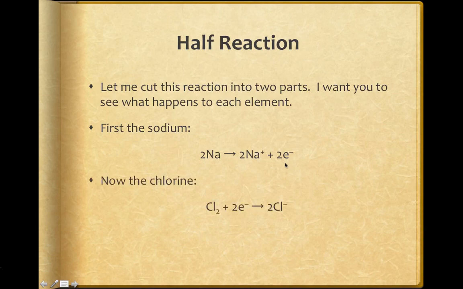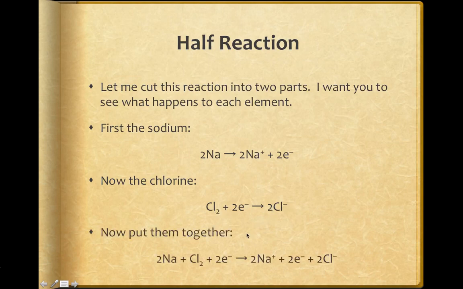If I take a look at the chlorine, in the beginning it was neutral, but in order to become the chlorine we needed at the end, the negative, it had to gain 2 electrons. So this chlorine, which was neutral, gained 2 electrons so that each one of these chlorines, because the subscript does matter, each one of the chlorines now has a negative charge.